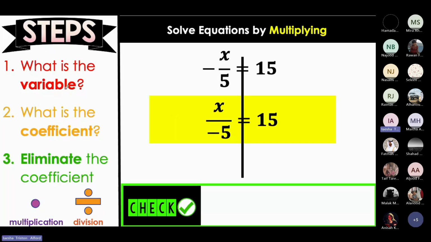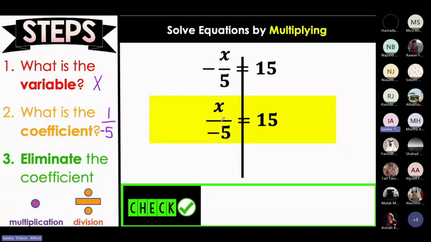Once you move the negative, fine. Here we are. What's the variable? X. What is your coefficient? Positive 1 over negative 5. Read this one. X divided by negative 5.